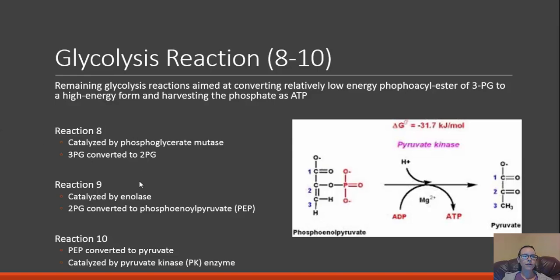In reaction 9, we have the conversion of 2-PG to PEP. And in reaction 10, our last reaction, PEP is converted to pyruvate, catalyzed by pyruvate kinase. Again, this is an energy producing step, and pyruvate is our final product of glycolysis that can then go on to be converted to acetyl-CoA to go into the TCA cycle.